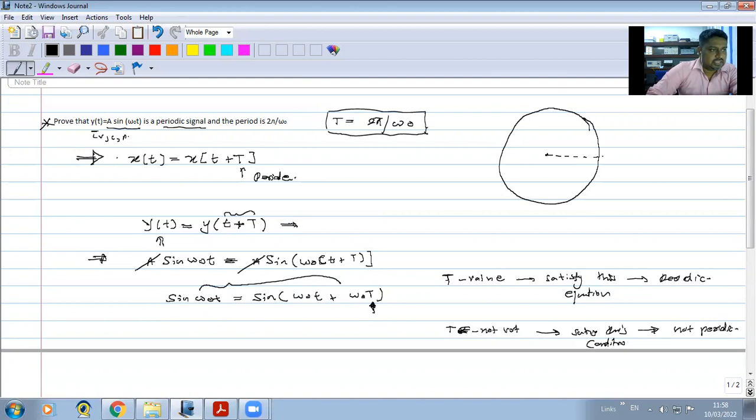If this is a diameter, and this is another diameter of this circle, and there is a point like this moving around this circle, we have learned that the projection of this particle onto this diameter, let's say the y diameter, gives us a sinusoidal signal.